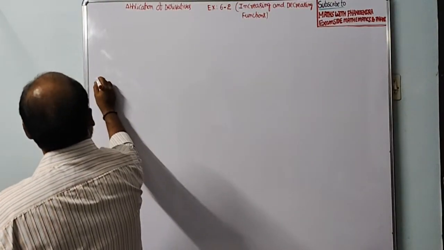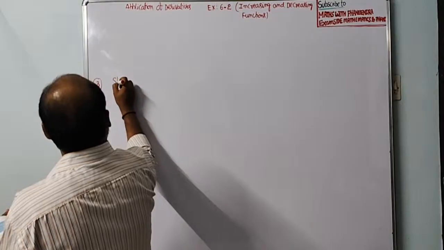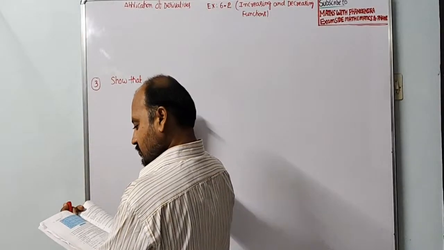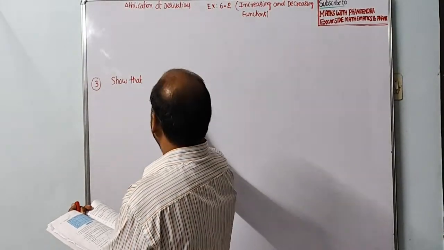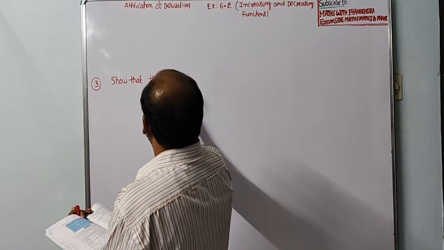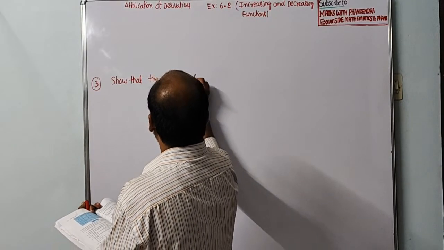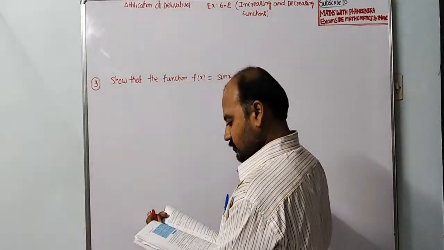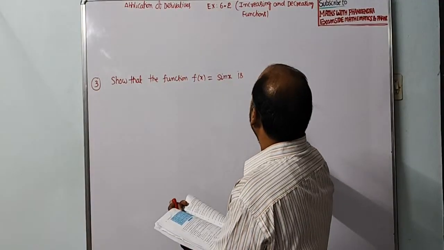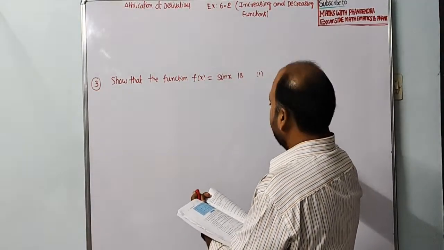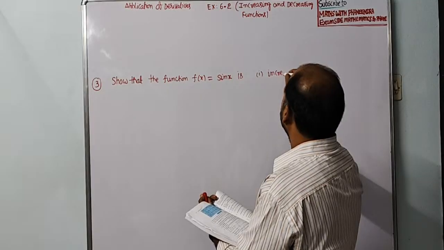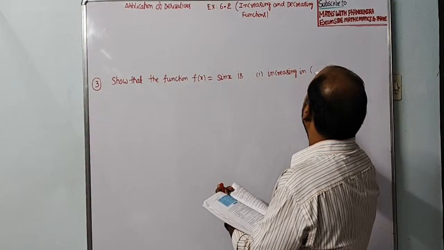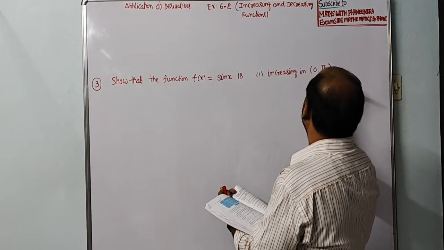Question number 3. Show that the function f of x is equal to sin x is, in part one, increasing in the open interval 0 comma pi by 2.